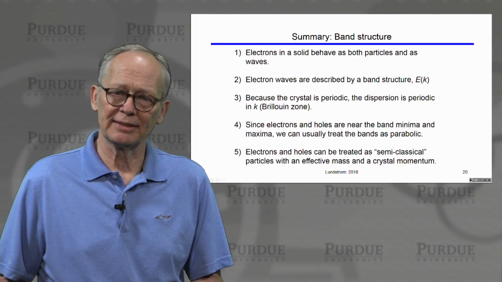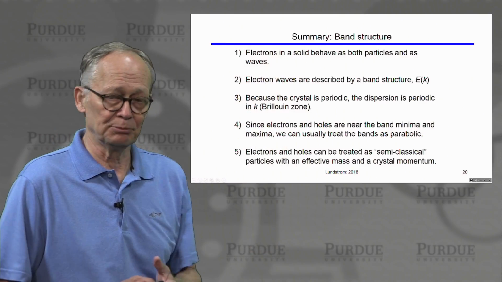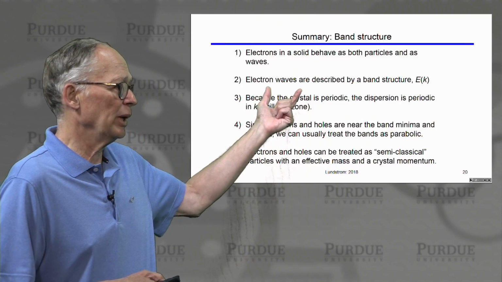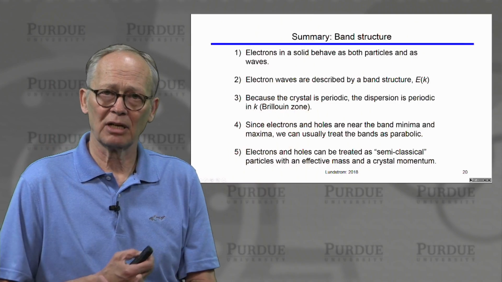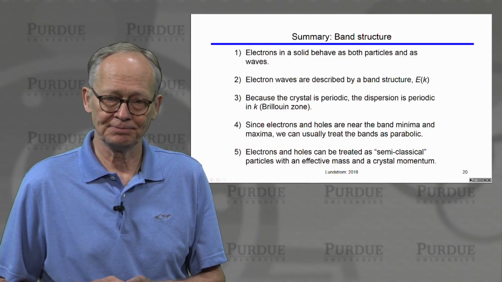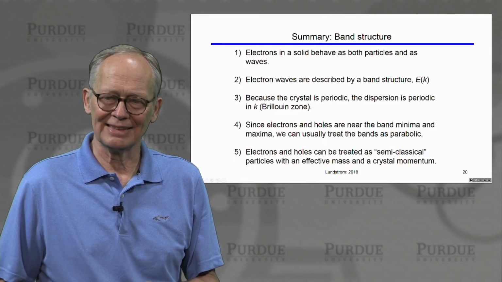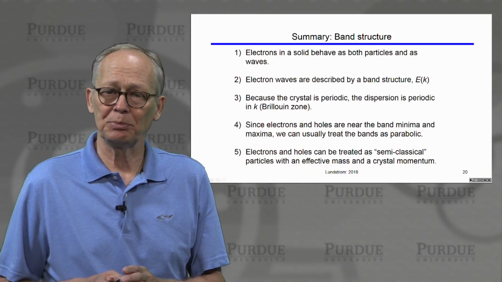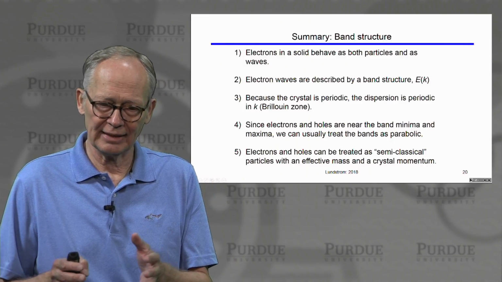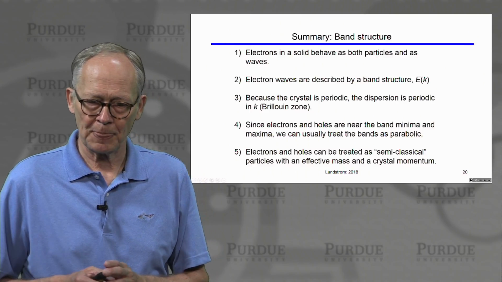So just to summarize the basics of band structure, electrons in a solid behave as both particles and waves. That's what quantum mechanics tells us. The electron waves in a semiconducting crystal are described by this band structure, energy versus wave vector K. Now, because the crystal is periodic, this dispersion, this E of K relation, is periodic in K. And the periodic part of that occurs within a region of K space we call a Brillouin zone.